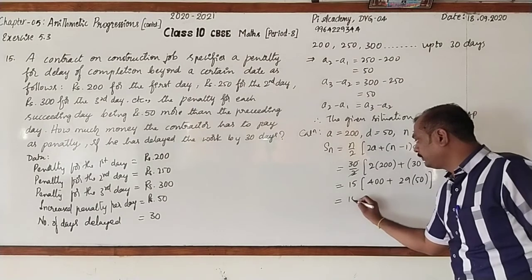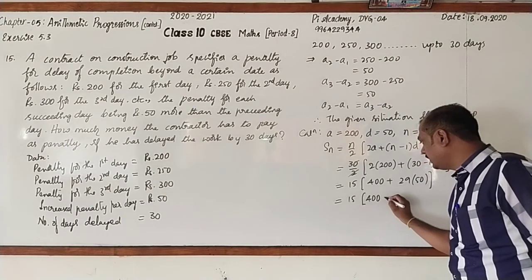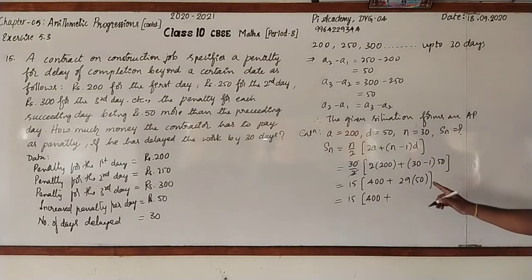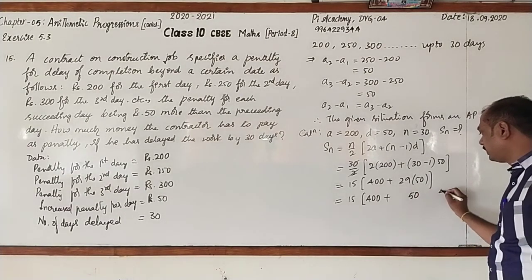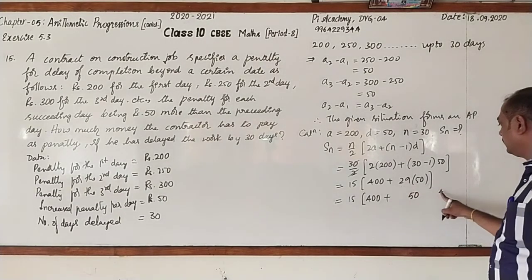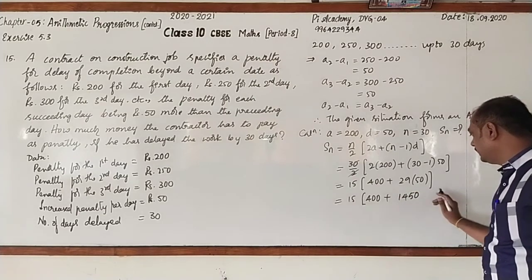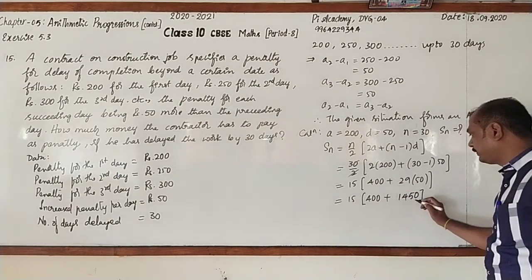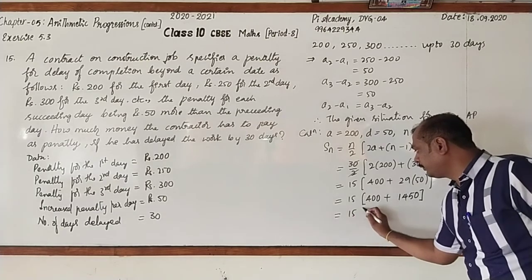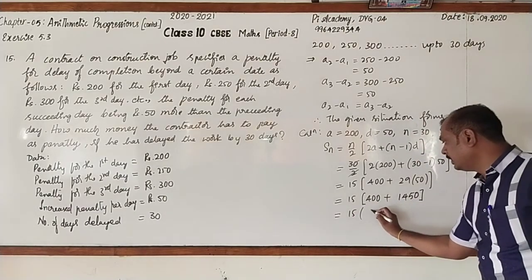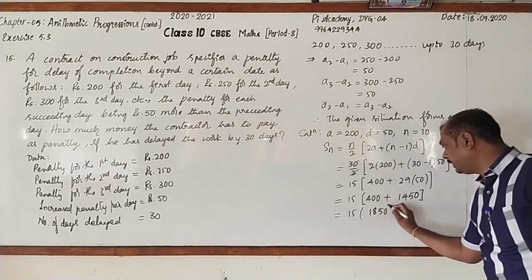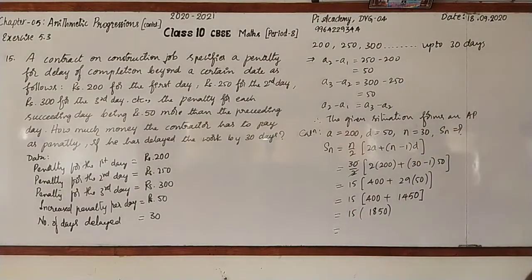It is equal to 15 into 400 plus, multiply 29 and 50. It is 0, 5 9s are 45, 4 is the carry, 5 2s are 10, 10 plus 4, it is 14. 1450. It is equal to 15 into 400 plus 1450. It is 1850.